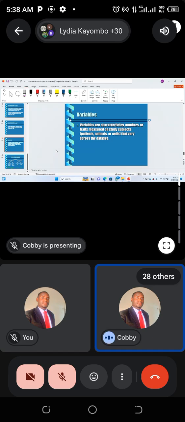A variable is a characteristic or number, or trait, measured on a study subject.